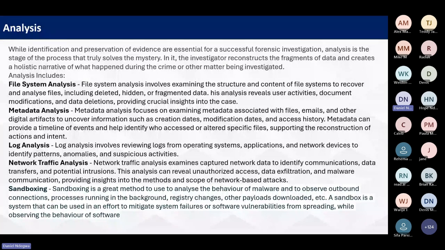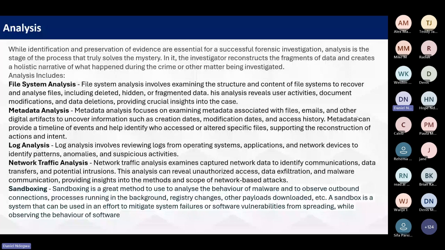And then once you do that, you're able to appreciate information around connections, processes that are running, payloads, and even registry changes, because some of these malwares actually go into your registry and try to change records.